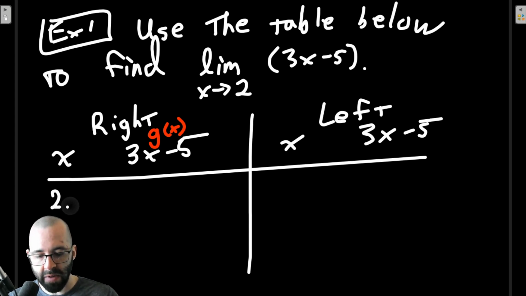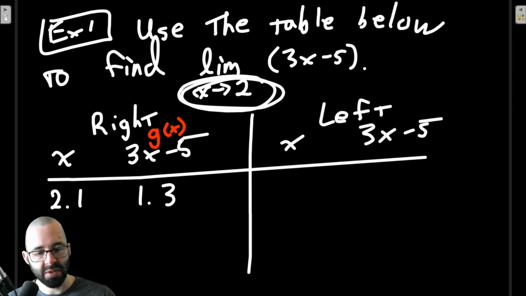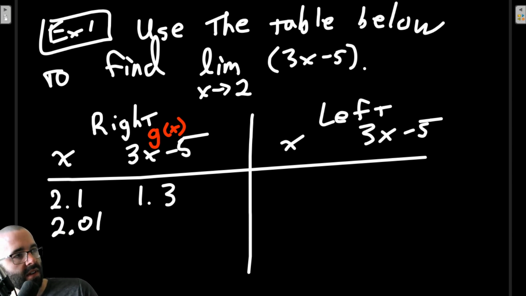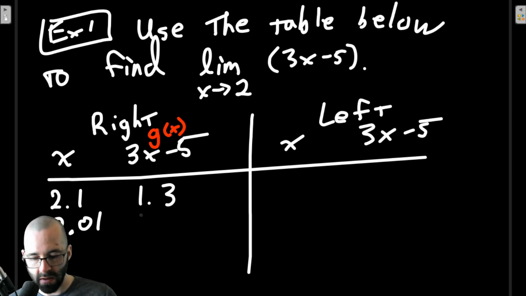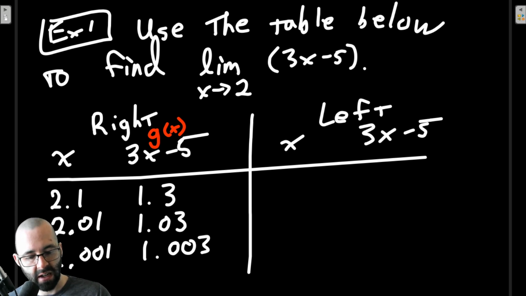When x is 2.1, the function value g of x is 1.3. And remember, we want x to get really, really close to 2. So this table that will be given to you, when x is 2.01, we get 1.03. As x is 2.001, we get 1.003 as the function value, and so on.